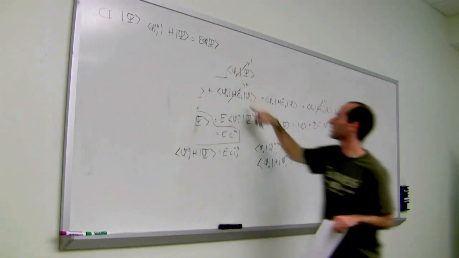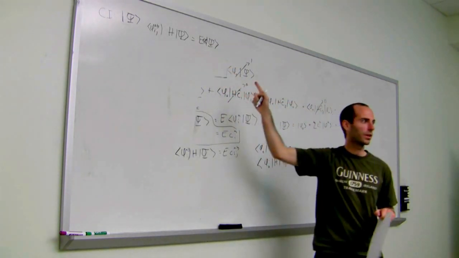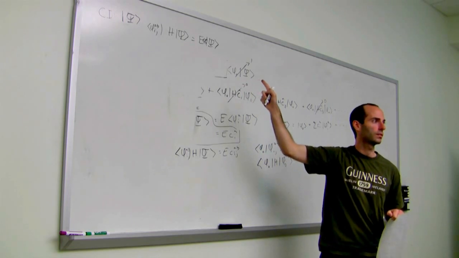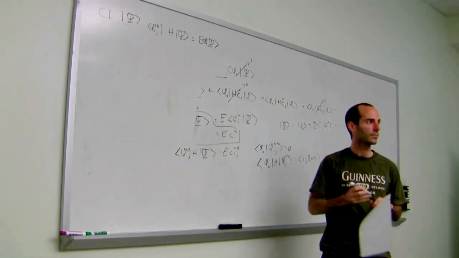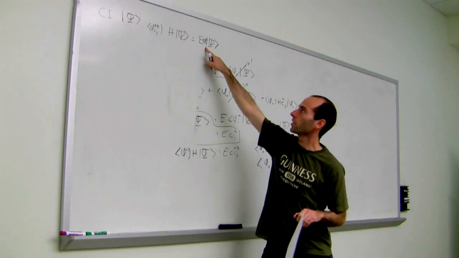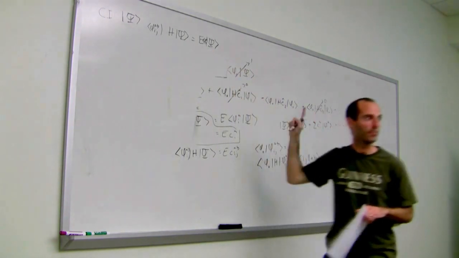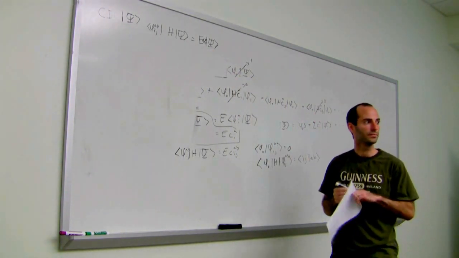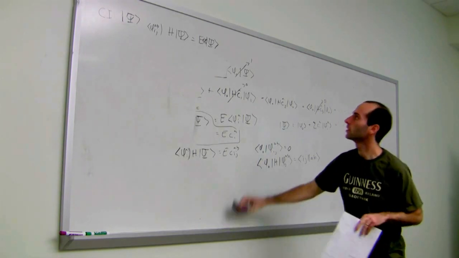So this, just like in the singles case, is only going to pluck out the coefficient corresponding to that determinant, because this is orthogonal to everything in the wave function except for that one term.